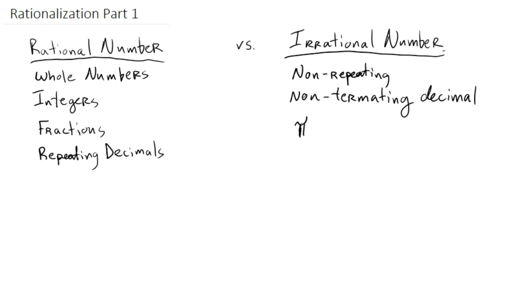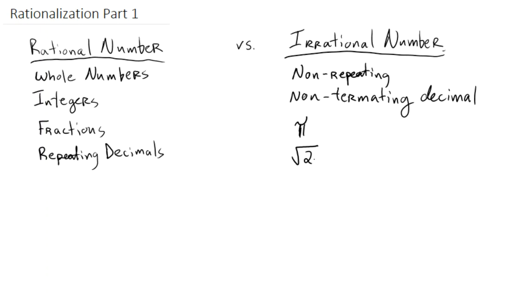For the purposes of what we're covering in this video, another type of irrational number is something like the square root of 2. If you take the square root of 2 on your calculator, it's going to give you a decimal result, assuming how your calculator is set up. That decimal isn't actually the square root of 2.